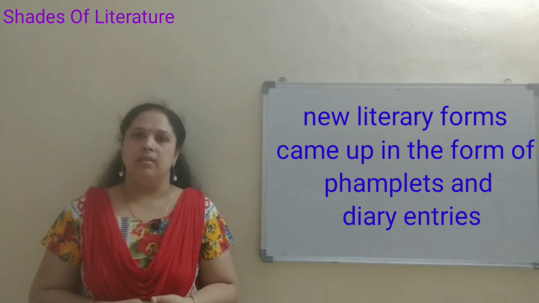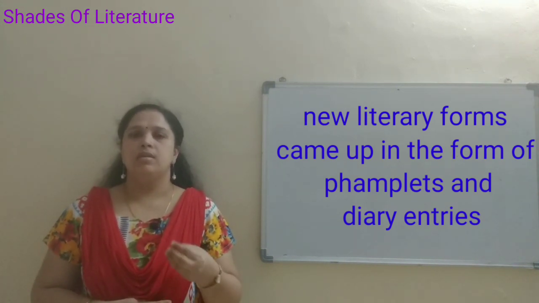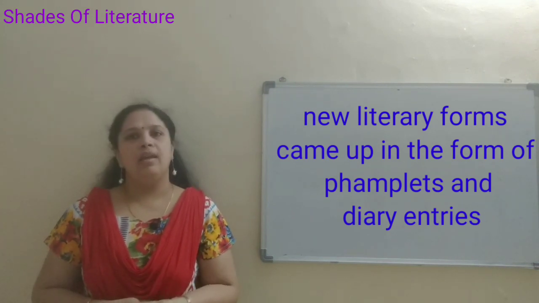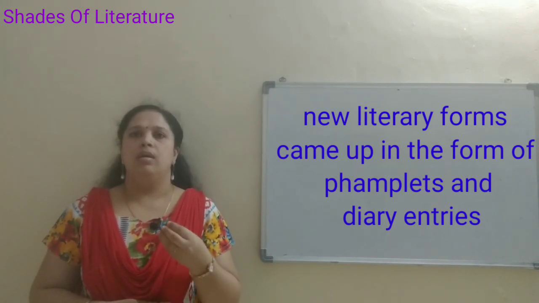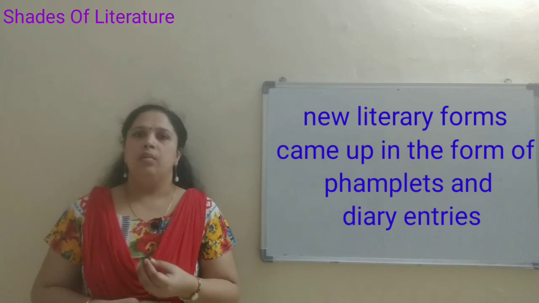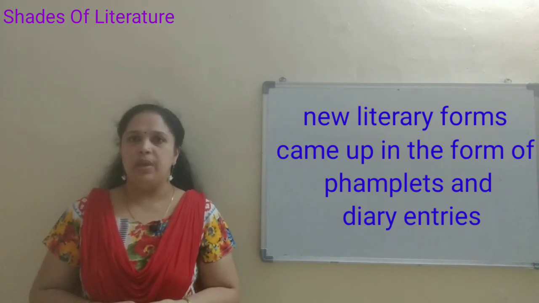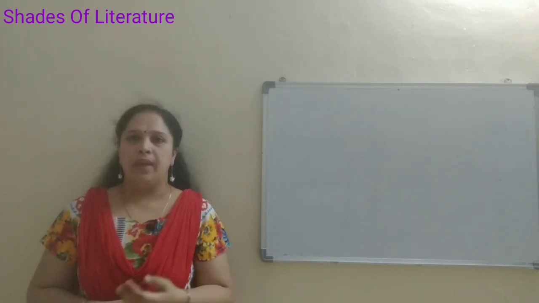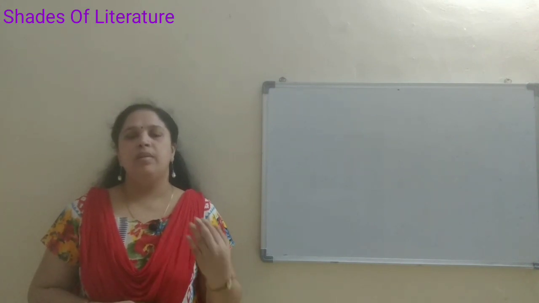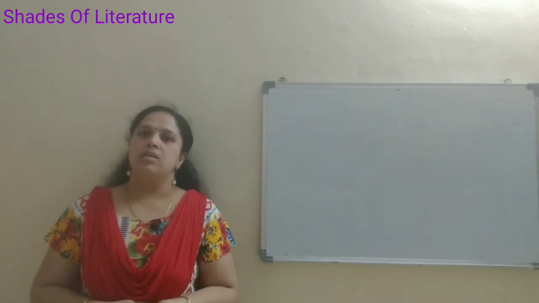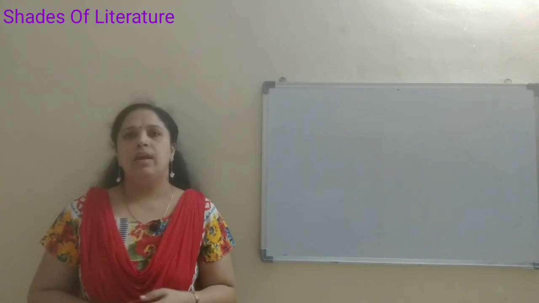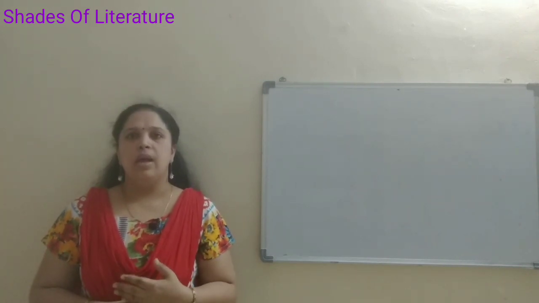They started writing literary forms such as pamphlets, diary entries, small notings in their books, in small bits of papers, even wall paintings. That is how new literary forms happened.